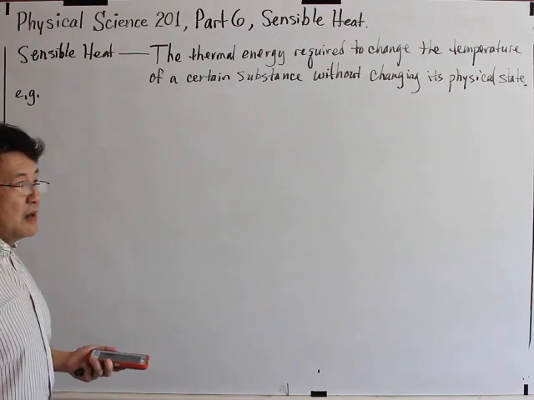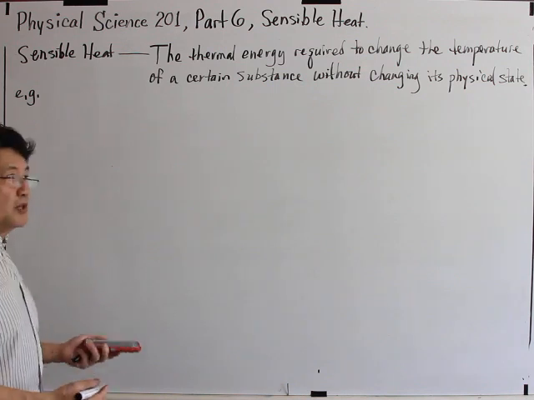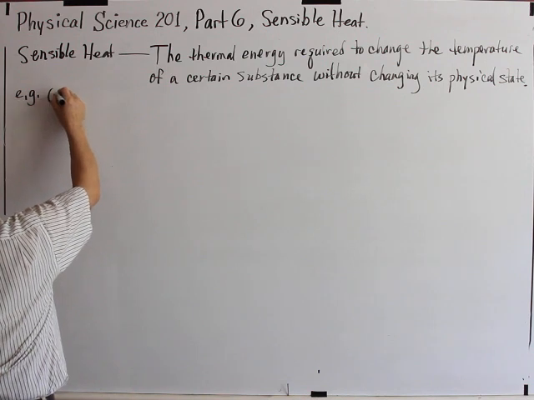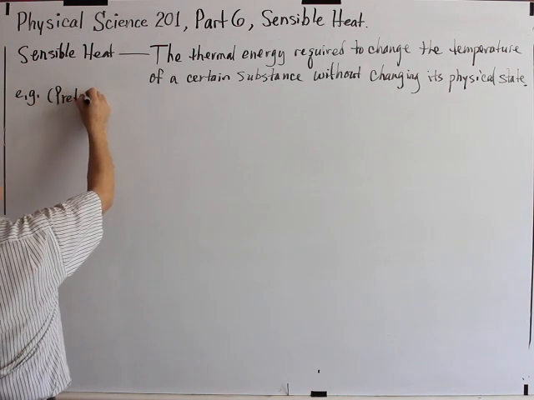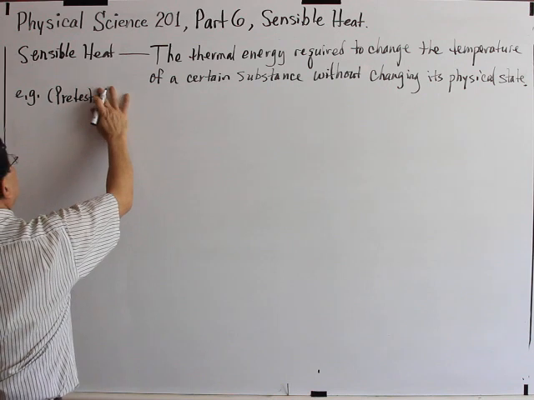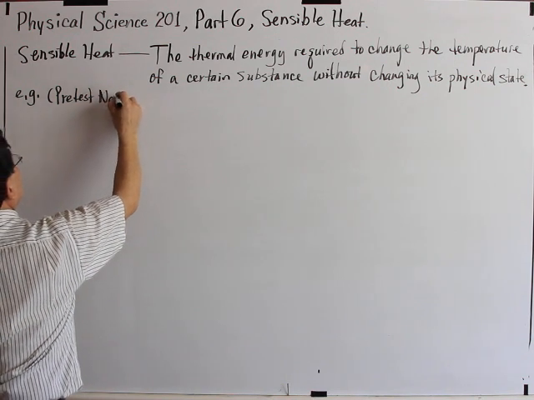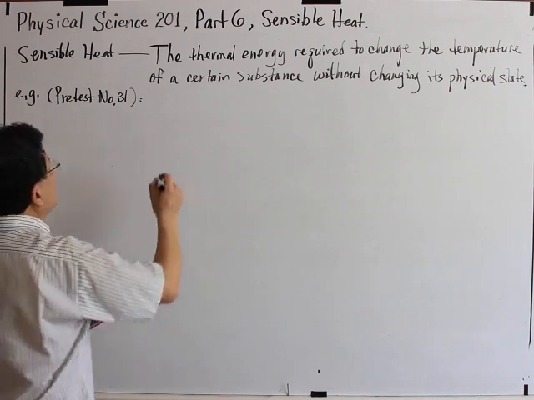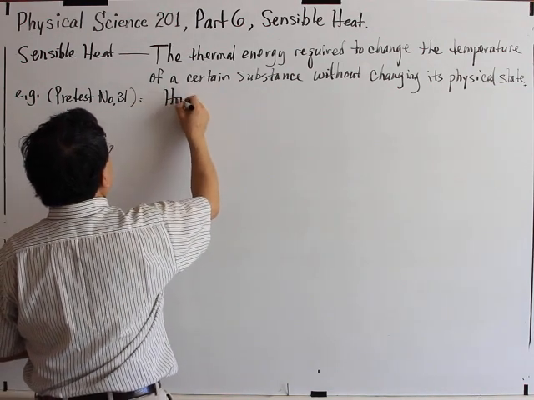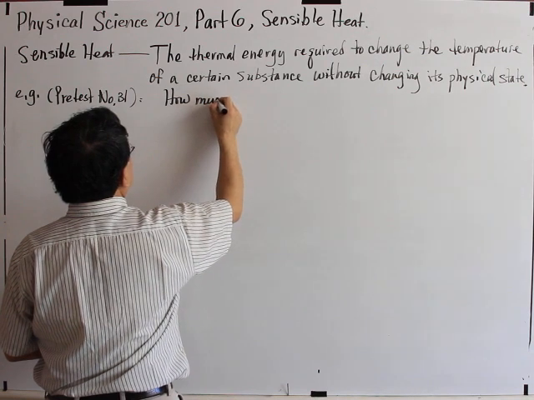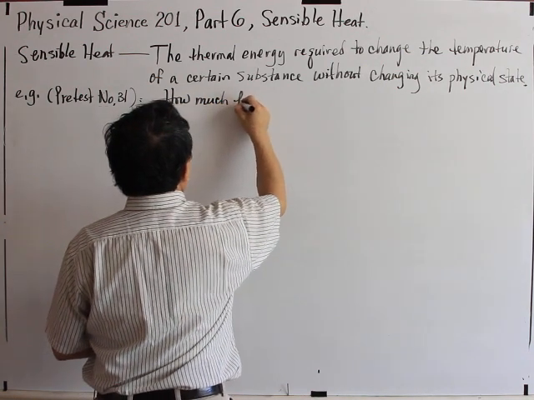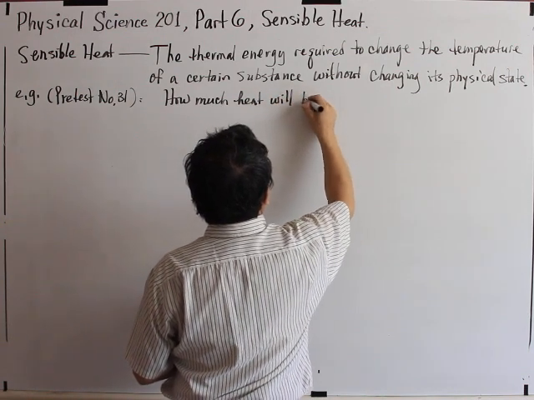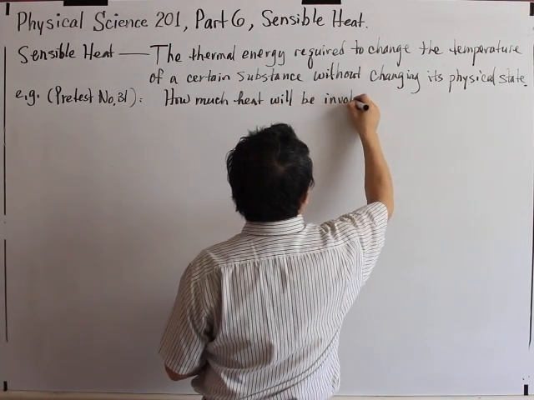Let's pick up one problem on the pre-test already distributed to you a long time ago. The example is going to be pre-test number 31. What is the statement? It asks you to find out how much heat will be involved.